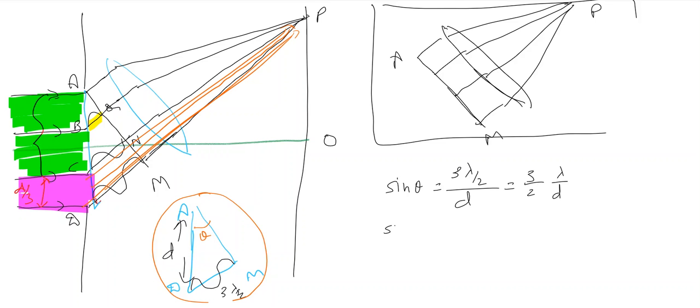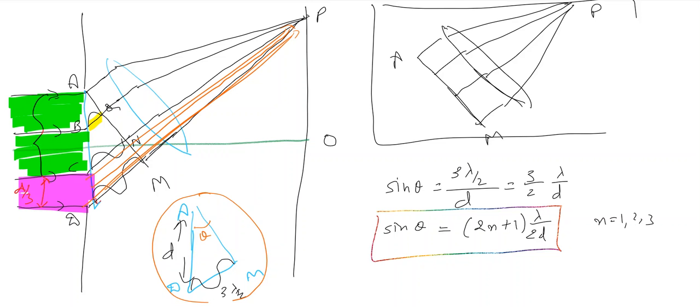In general, we can say that it should be (2n plus 1) lambda by 2d, where n is 1, 2, 3. So this is the condition for maxima in case of diffraction due to a single slit.